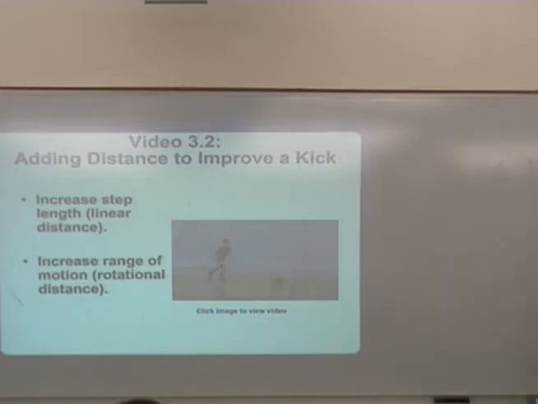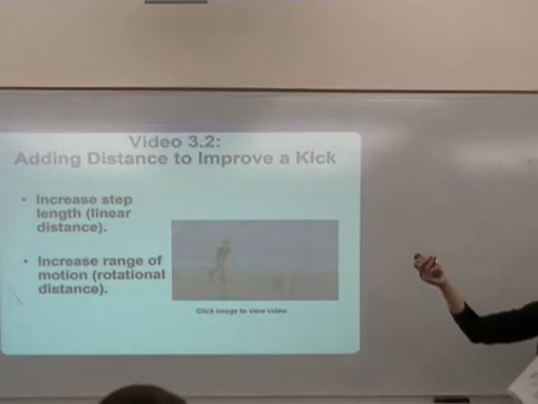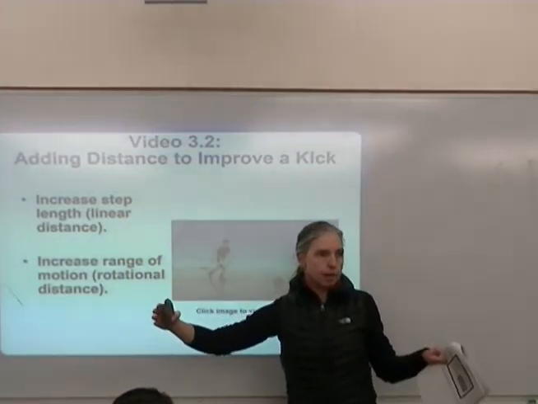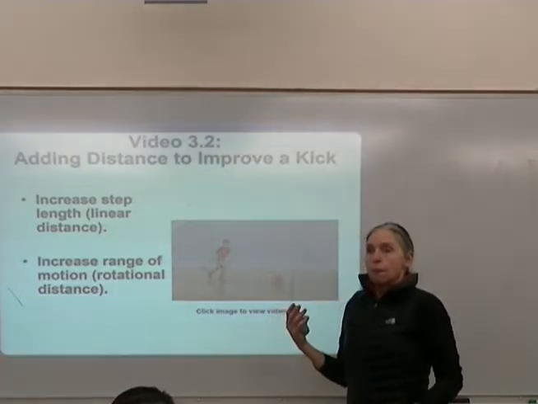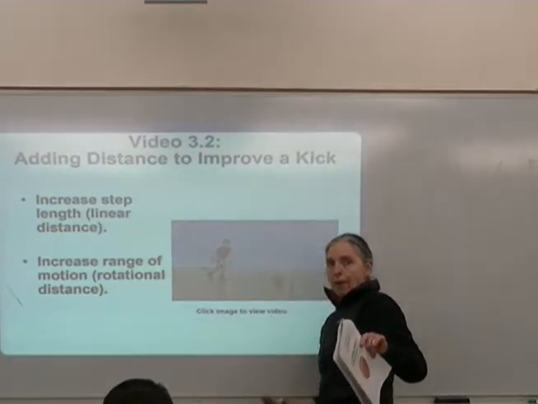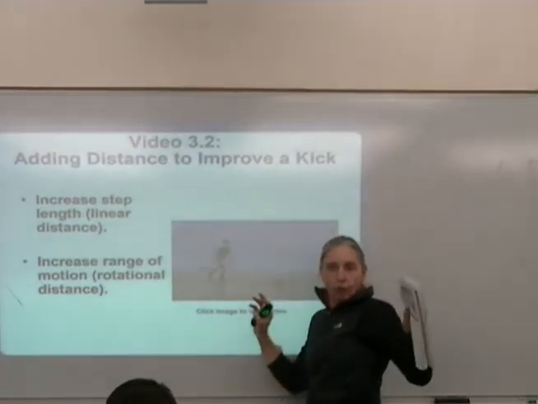If I'm going to add length of time, add the distance for force application, I can do it linearly. I can increase the length of the step. If I'm going to increase the length of the step, I have to balance on one leg for longer.